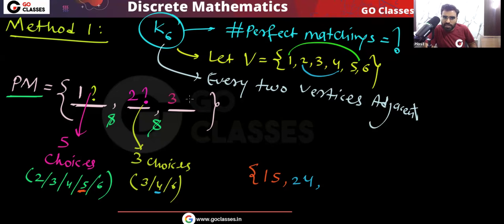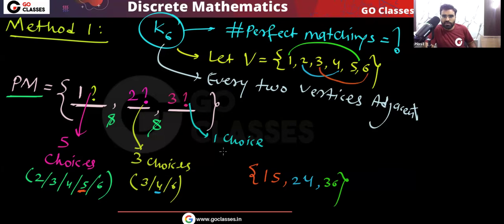Now, let's take this 3. How many choices are there for partner of 3? Only one choice. I have to take this 6. So here there is only one choice. I can say this 3, 6.